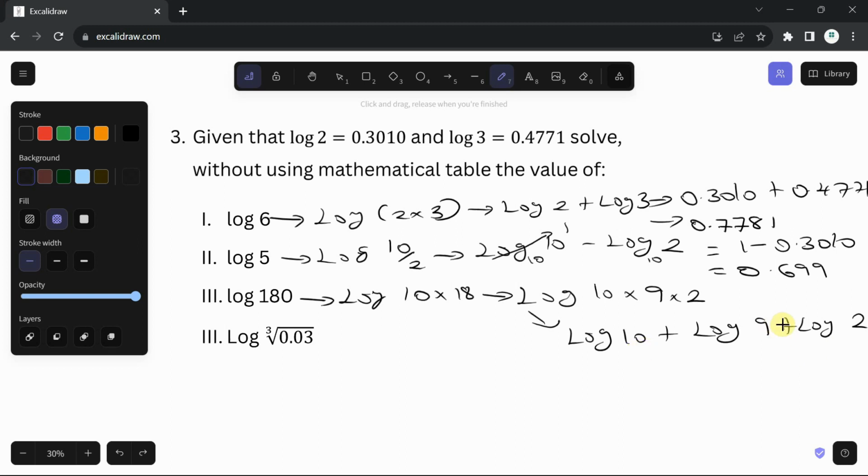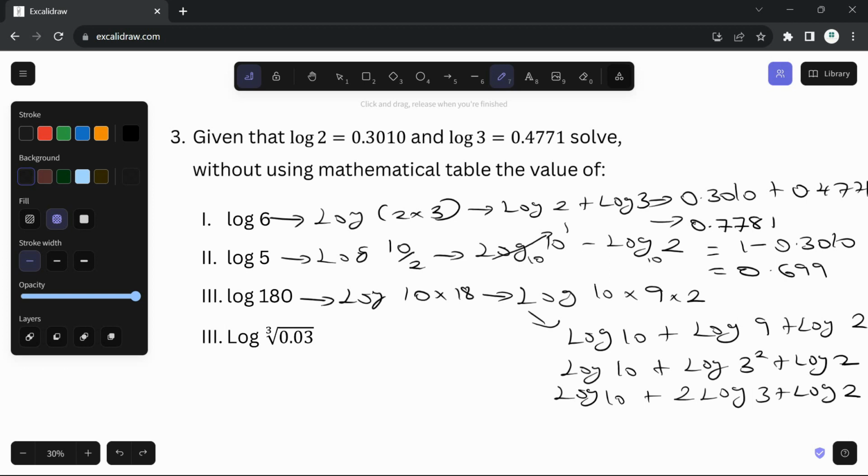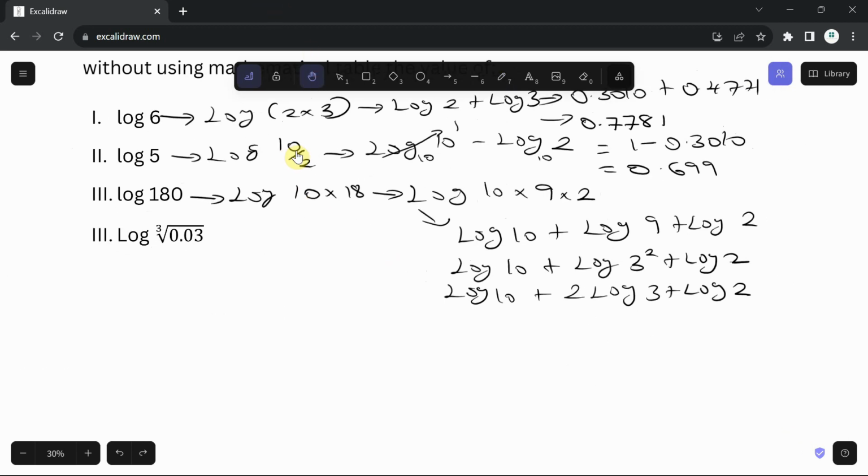I could simplify this log 9 as saying log 10 plus log 3 squared plus log 2, right? And I could bring these two down, based on the laws of logarithm, and say log 10 plus 2 log 3 plus log 2, right? So you can see how we've been able to break it down.